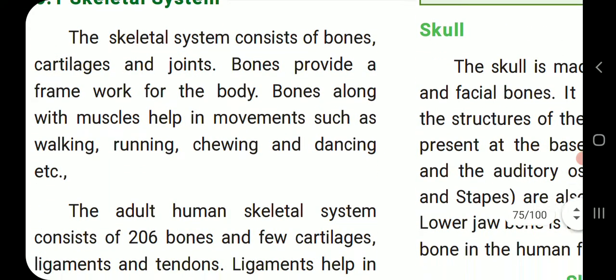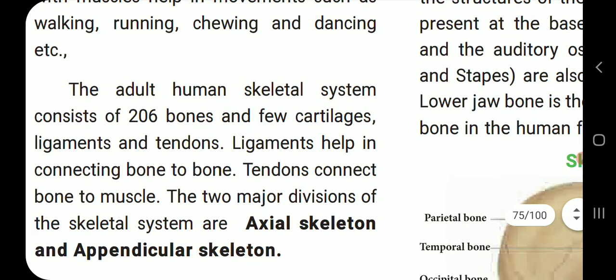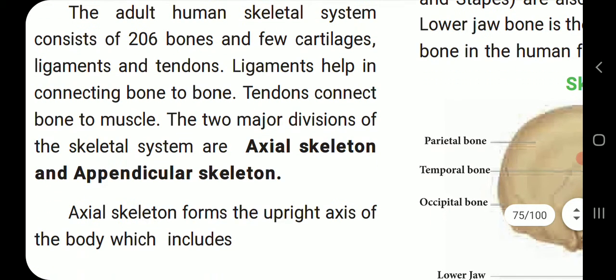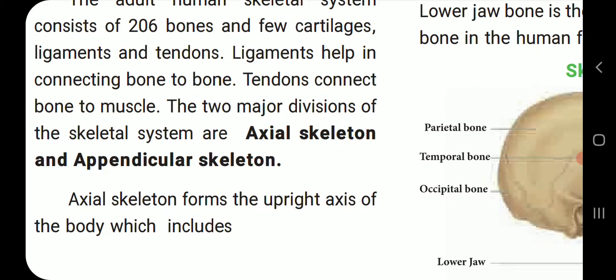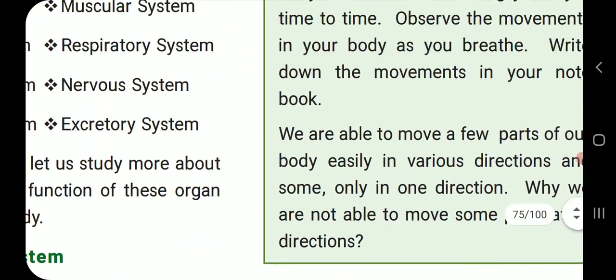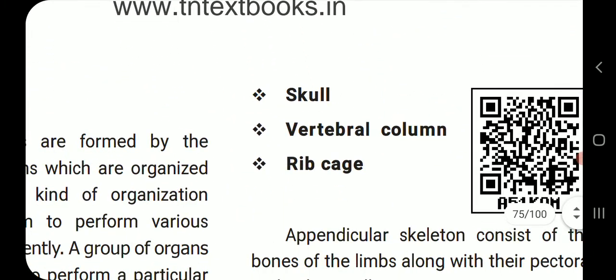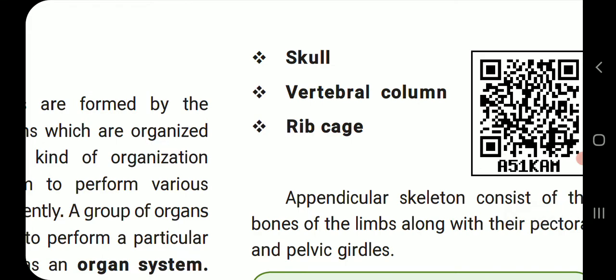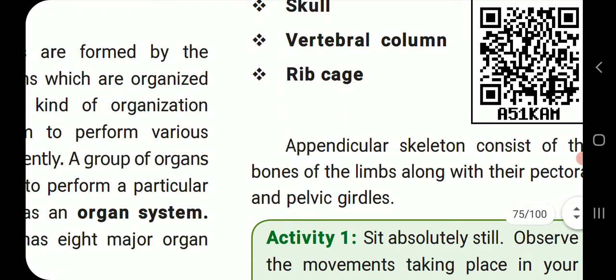First, coming to the skeletal system. There are 206 bones and a few cartilages, ligaments, and tendons in an adult human skeletal system. It is divided into the axial skeleton and the appendicular skeleton. The axial skeleton consists of the skull, vertebral column, and the rib cage.